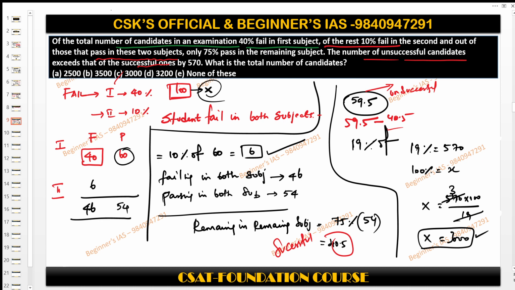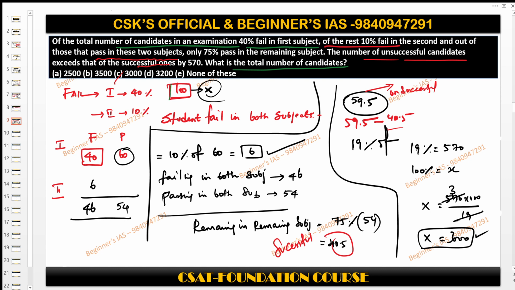So first thing here is you need to take a percentage. Rest fail in the second subject. So let us take 100. Out of 100, 40 fail in the first subject.